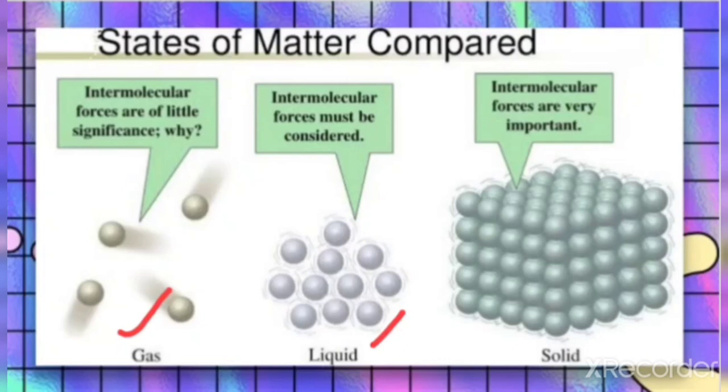And if there are very strong intermolecular forces, then the matter is called solid. So solid, liquid and gases are the three common states of matter depending upon the intermolecular forces. So intermolecular forces play a very important role in deciding the states of matter.